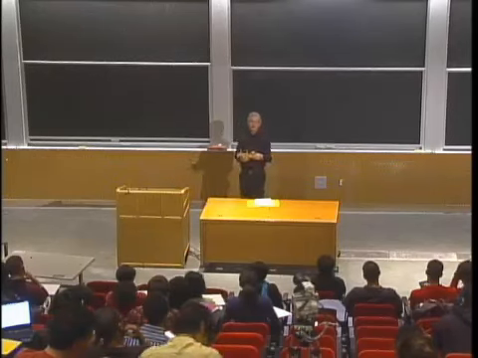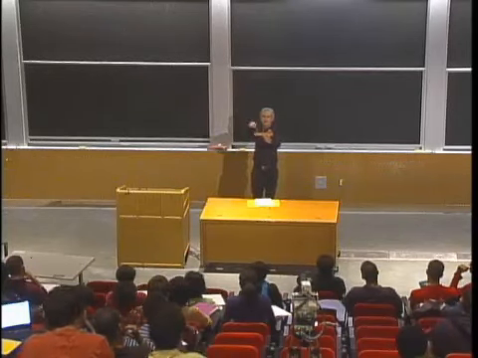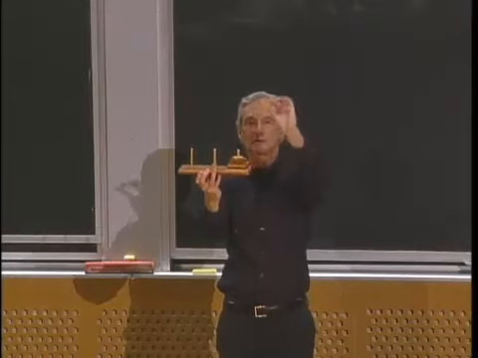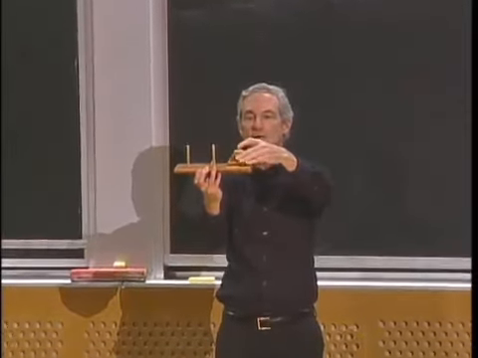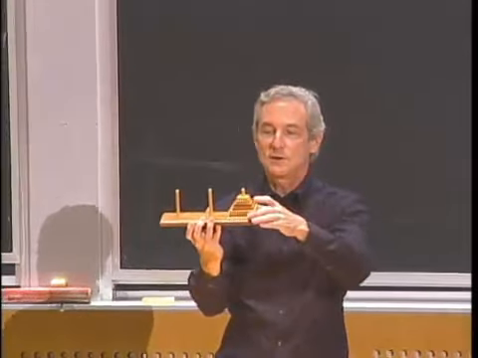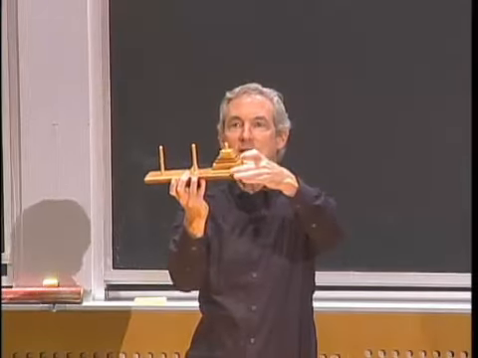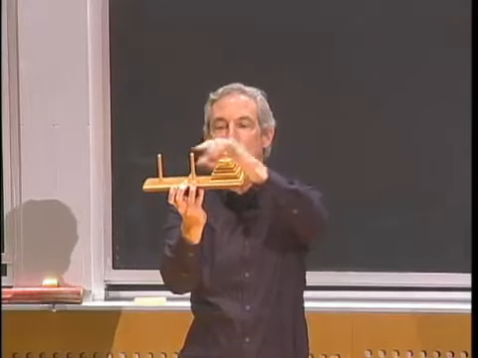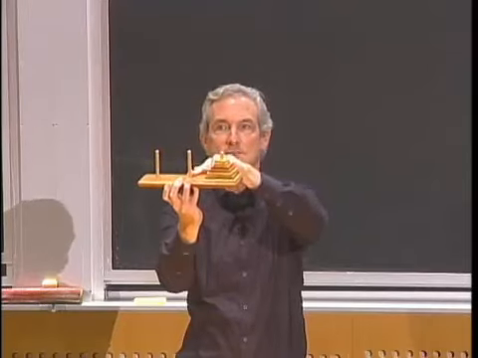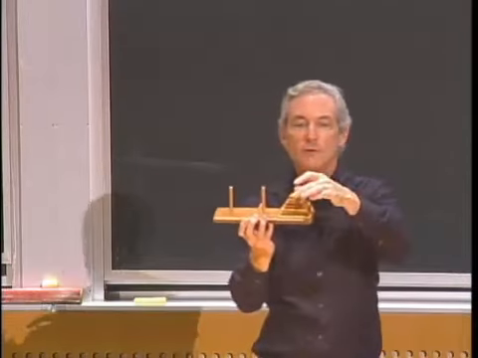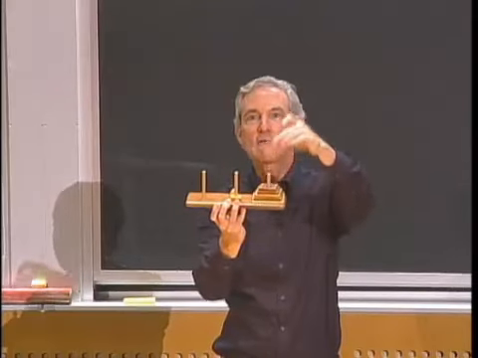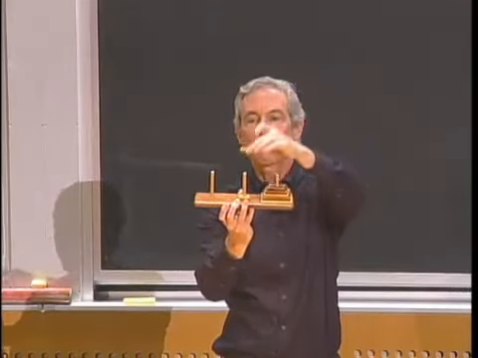In the Tower of Hanoi problem, you've got 3 pegs and n disks, these little guys here, all different sizes. And the object is to start with a stack like this and move the disks around so they wind up with the stack on another peg. Now, the rules are you can only move one disk at a time, and you can never put a big disk over a little disk.